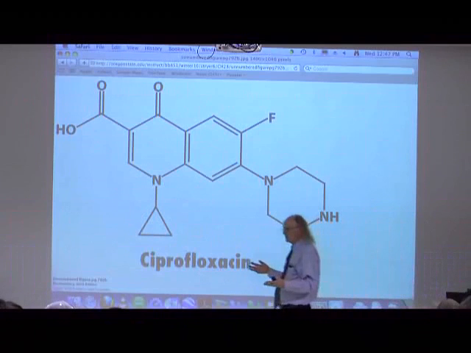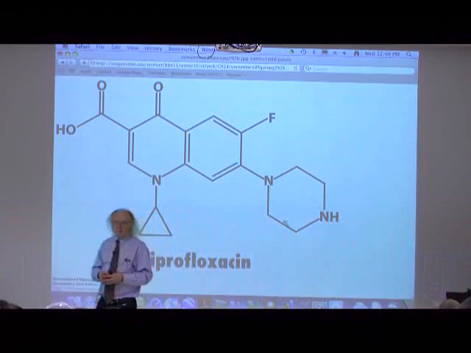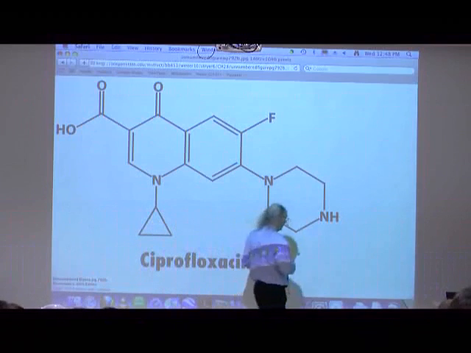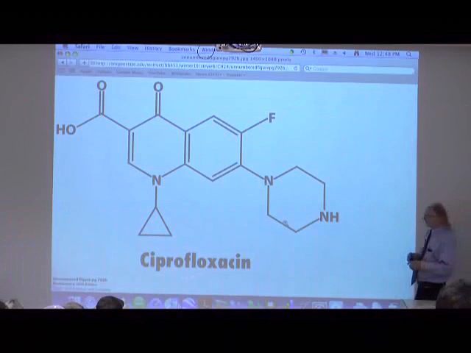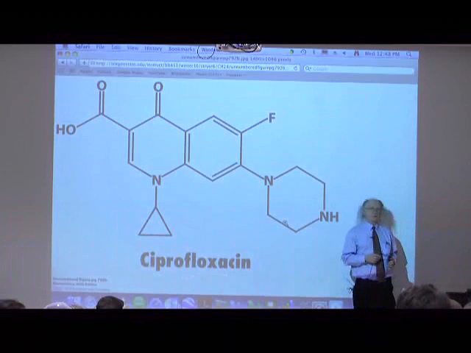Since it can't associate with DNA, it can't do its thing, and therefore the bacterium is dead. Cipro has been used increasingly now that there are various strains of bacteria resistant to other antibiotics, and it has been very effective in treating some of the drug-resistant bacteria that aren't yet resistant to ciprofloxacin.